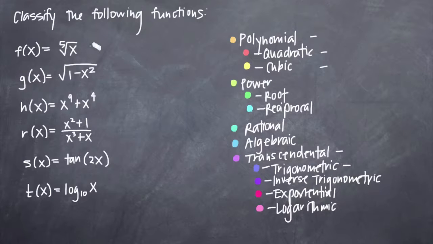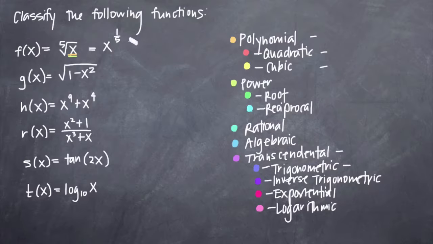So for example, with our function f of x, you might be tempted to just look and see what's inside of our root and think to yourself that x could just be a polynomial function, or it could just be a power function. And both of those things would be true if f of x just equaled x. But the entire function is actually the fifth root of x, which is also the same as x to the 1/5 power. x to the 1/5 is still a power function because any function in the form x to the a, where a is a constant, is a power function.